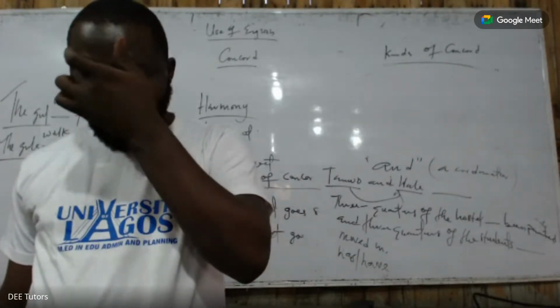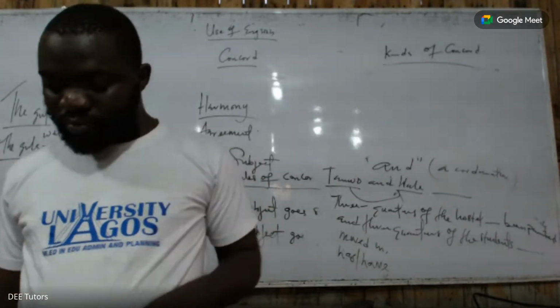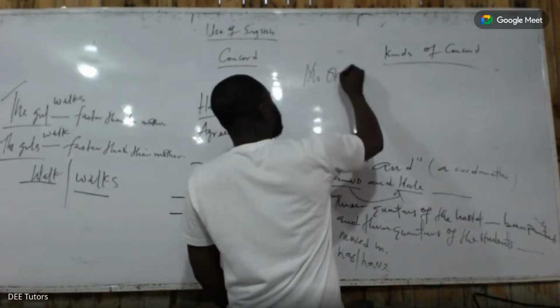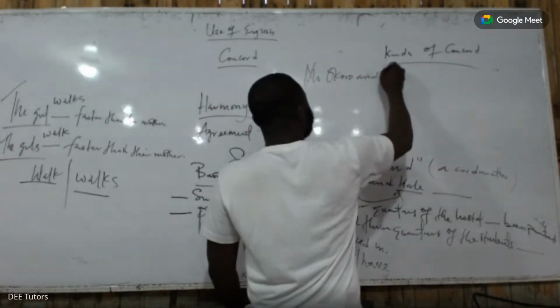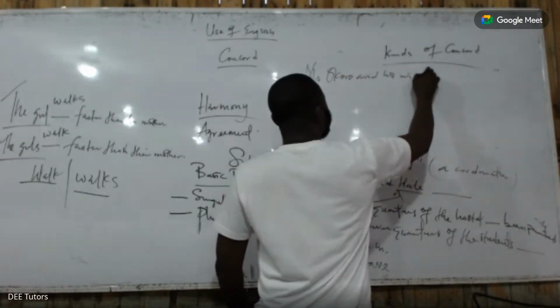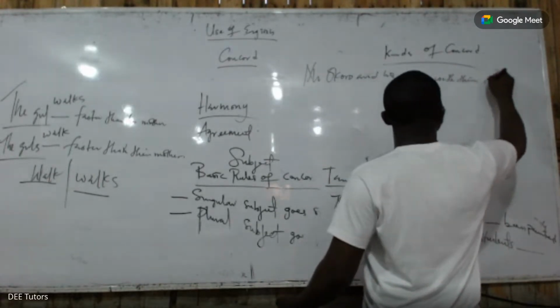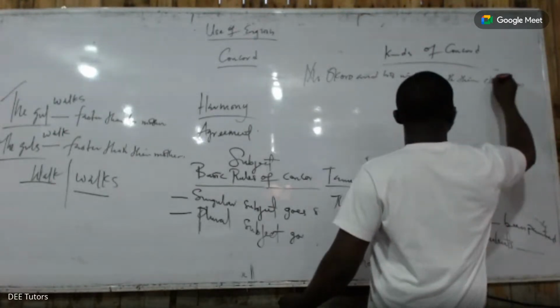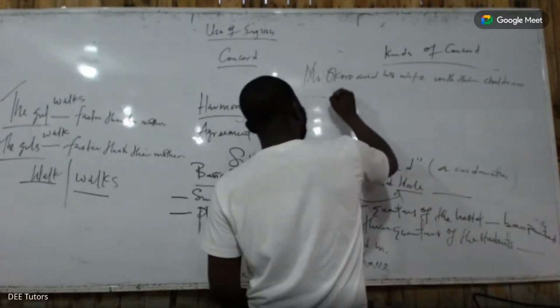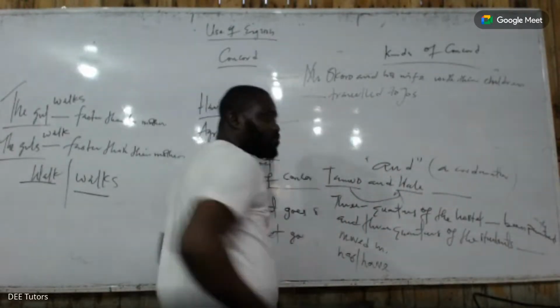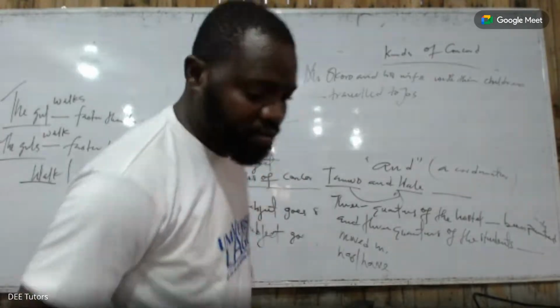Mr. Okoro and his wife with their children traveled to Jos. That's number one.